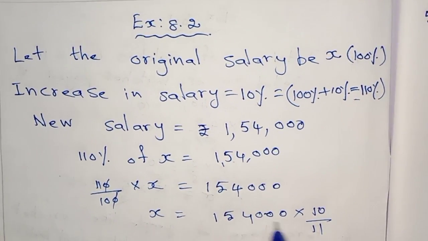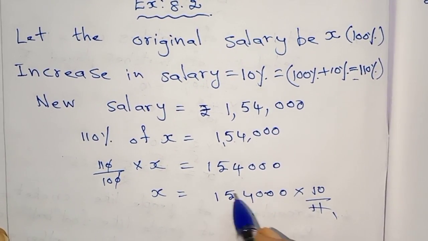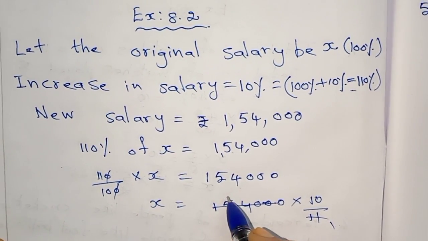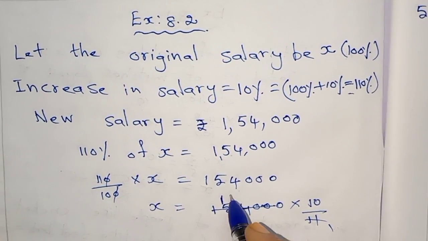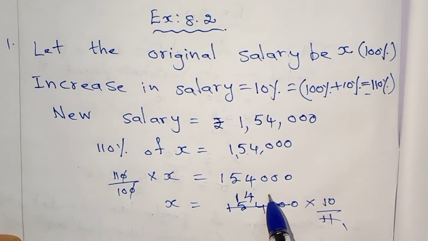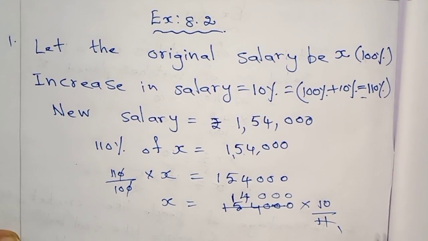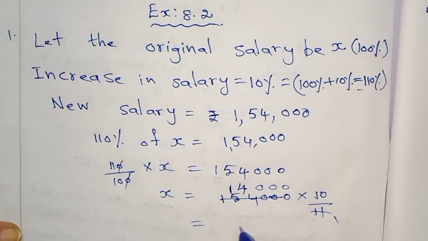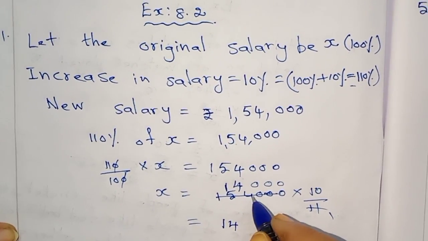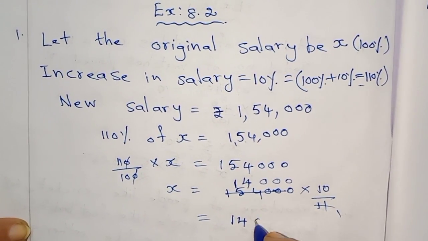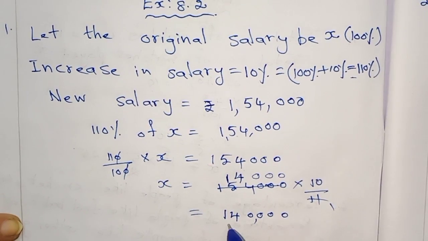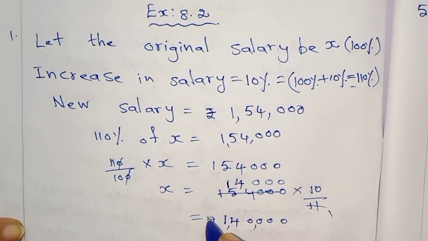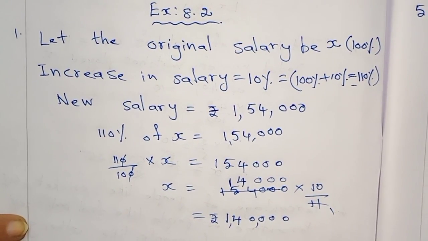Both are divisible in the 11 table. 11 ones are 11. The remainder is 4, 44. 11 fours are 44. 0, 0, 0. So 14,000 into 10. 1, 2, 3, 4. So we keep comma. So what is the original salary? 1,40,000.